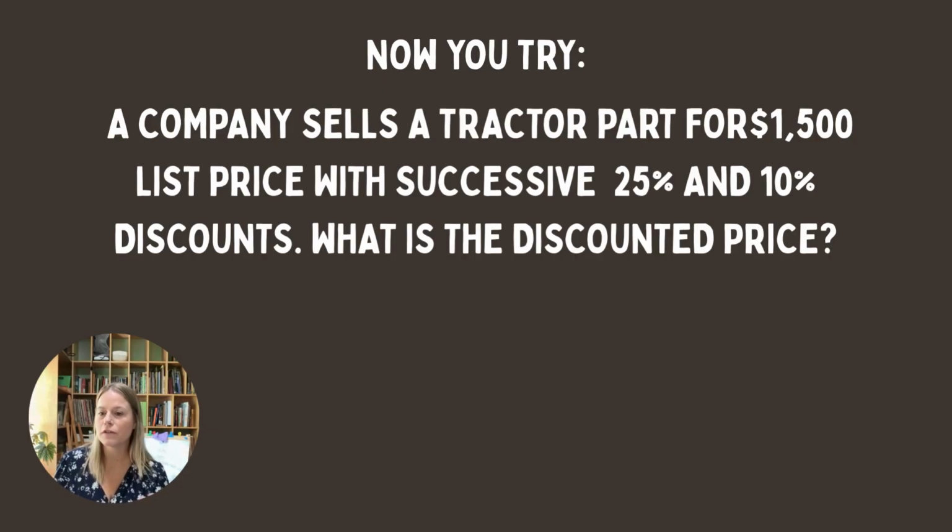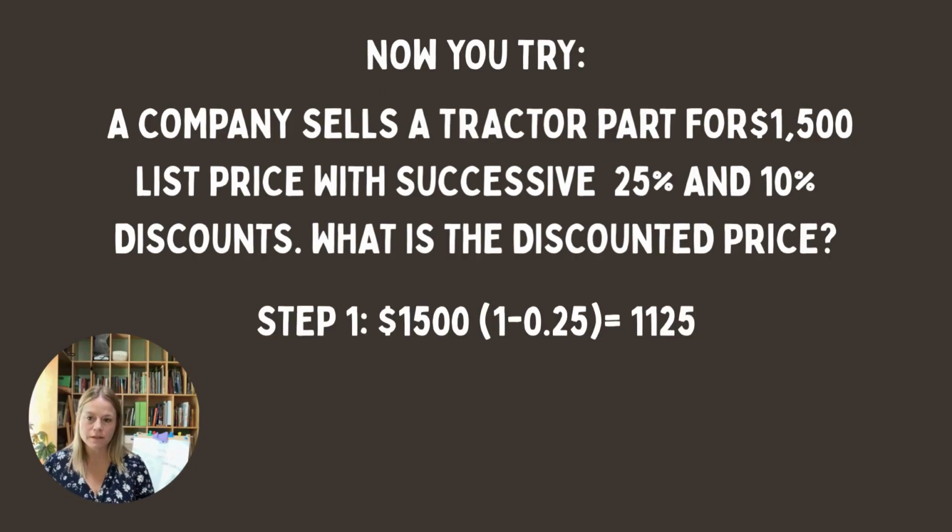You're plugging the answers into a formula, and you're changing the percentage into a decimal. So the first step would be change the percentage into a decimal by moving the decimal over 2 place values to the left. So it would become 0.25.